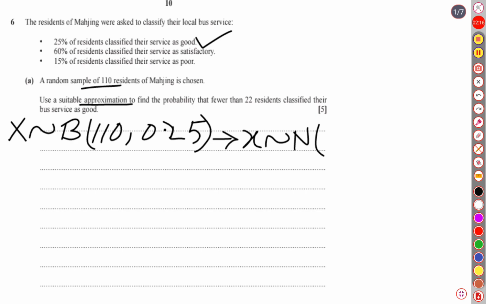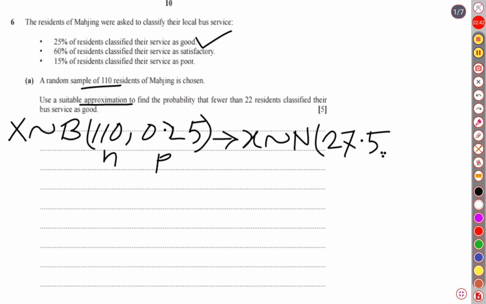How to find the mean? Mean is the product of n and p, NP. If we multiply 0.25 by 110, it is going to be 27.5. You can use your calculator for finding this. And the second parameter is variance.